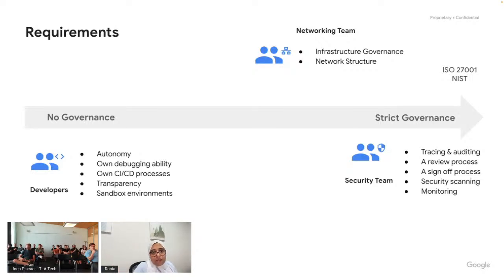As you can see, developers tend more towards, I don't want to be controlled, so I don't want to have any governance, while the security team wants to control and micromanage everything. And the network team, or the infra team, is in the middle between both.